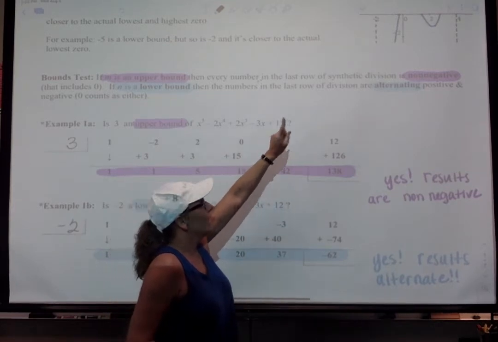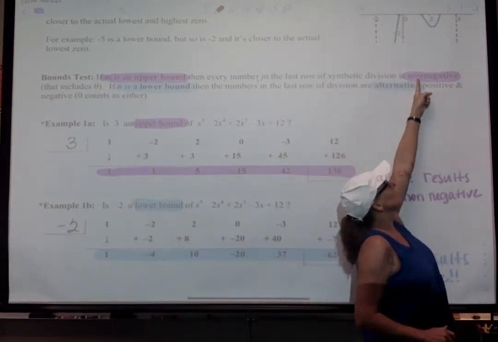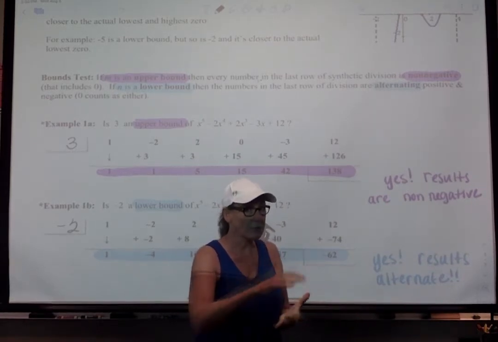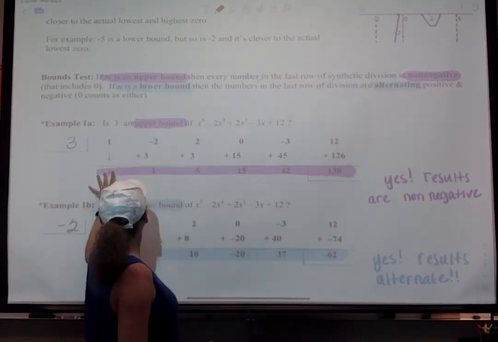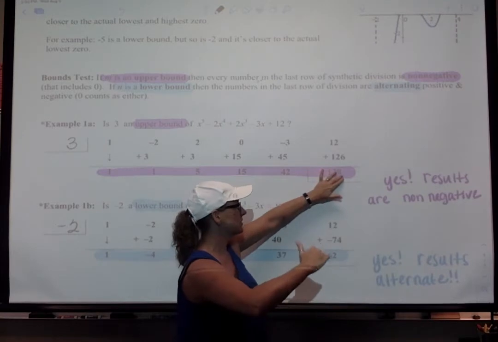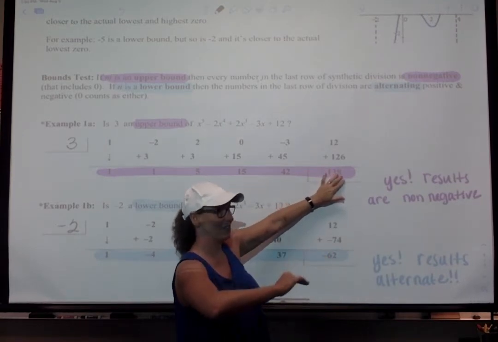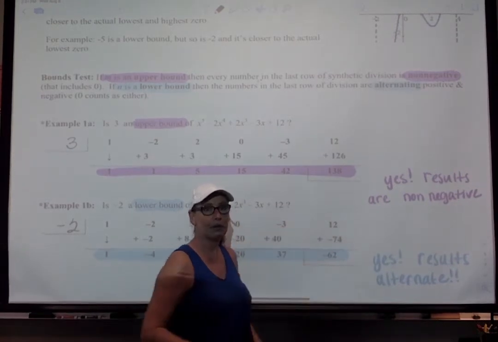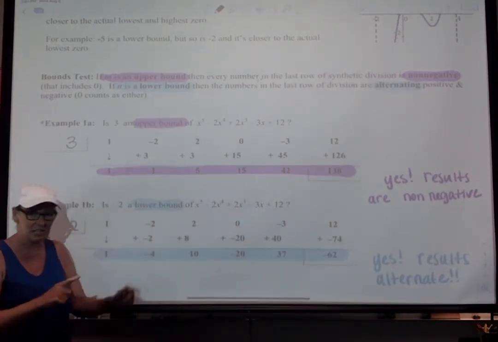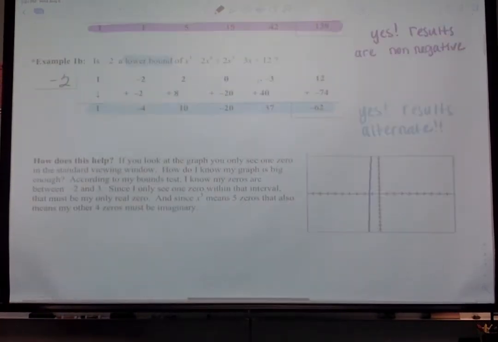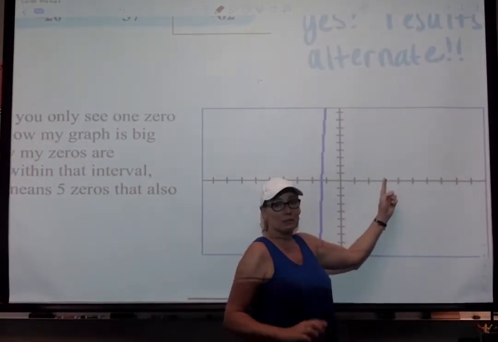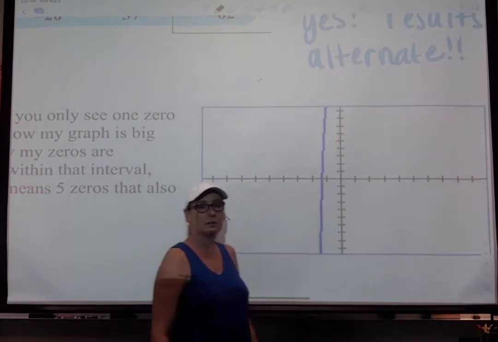If all of my results are not negative, so they have to be positive or they could be 0, if my whole row of results is non-negative, then yes, 3 is an upper bound. You know what that tells me? There are no more real zeros beyond 3.